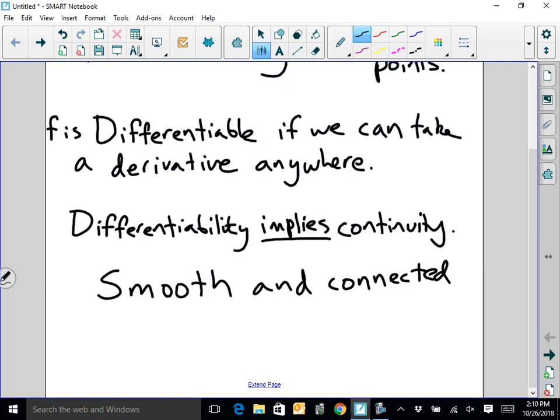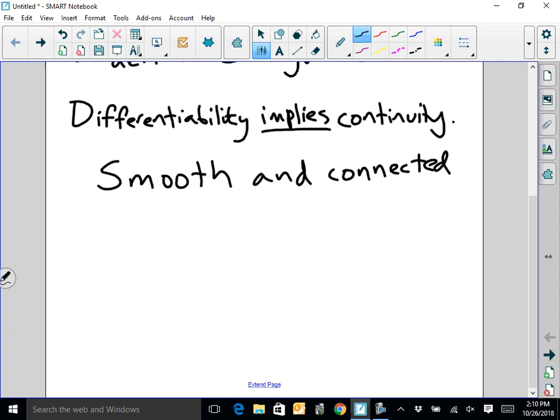It's smooth and connected. So connected would be the continuity part. Smooth means we don't have things like corners or cusps or things of that nature. Vertical tangents, right? So let's take a look at some examples here about smooth and connected.